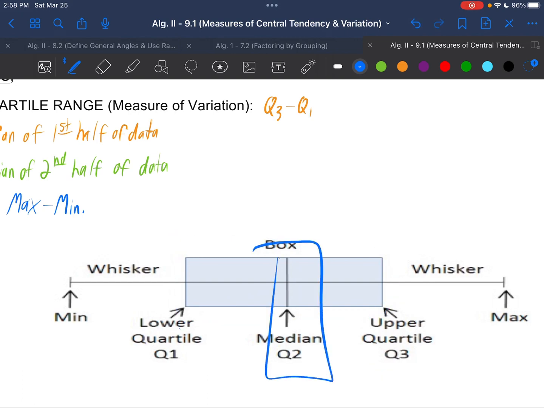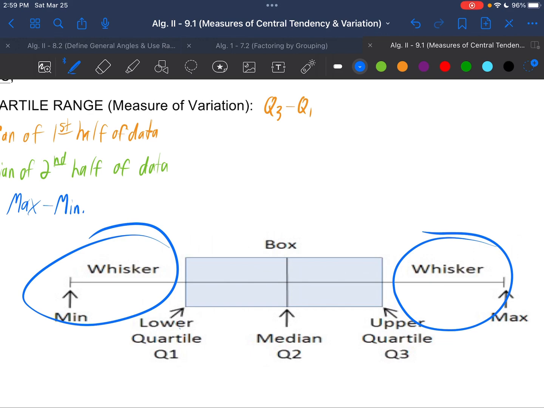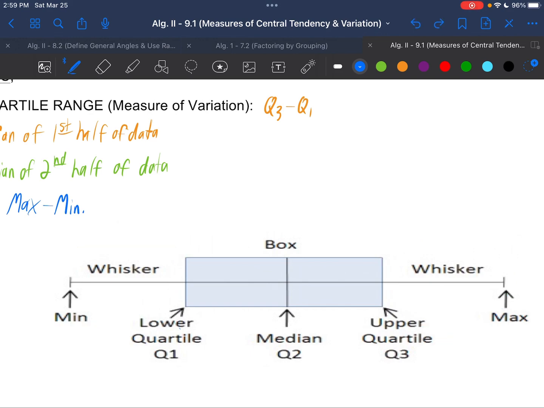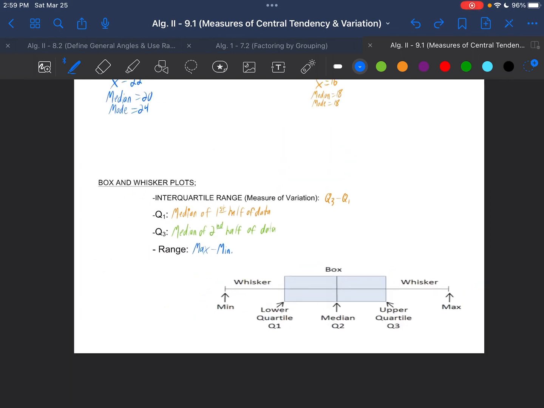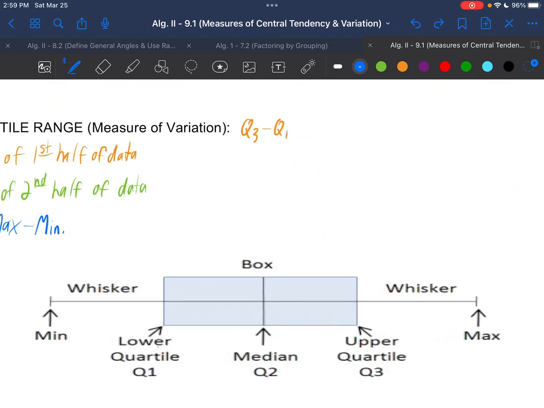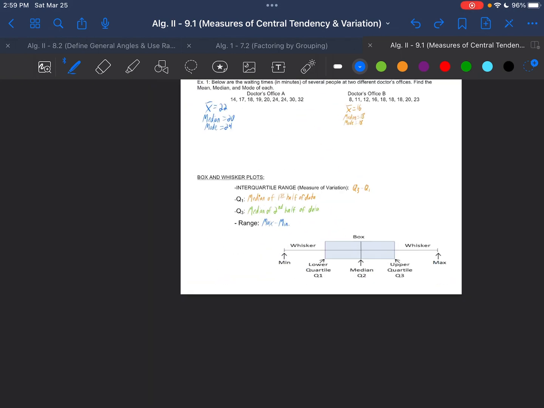The median, the halfway point, or quartile 2 could be called, 2/4 halfway, is a line through the box. And it won't always be centered on this box. You notice here it's slightly to the right compared to the rest of the box. And then the whiskers of the box and whisker plot go out toward the max and the minimum, where the plot ends. So this just shows how the data is spread out.